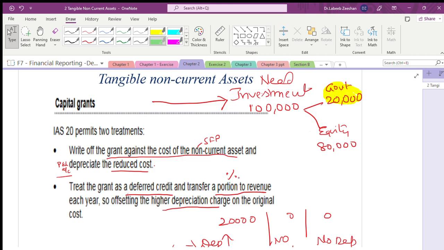Treat the grant as a deferred credit and transfer a portion each year, offsetting the higher depreciation charge. What does treating the grant as a deferred credit mean? It will be on a year on year basis.